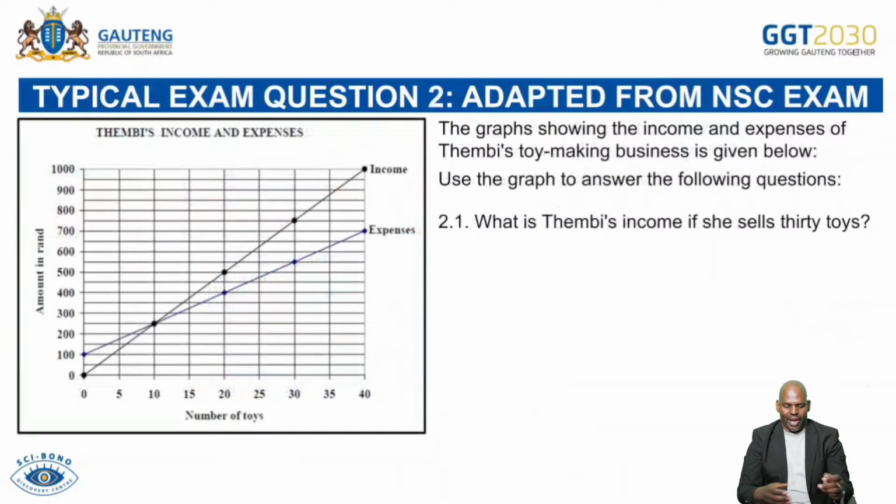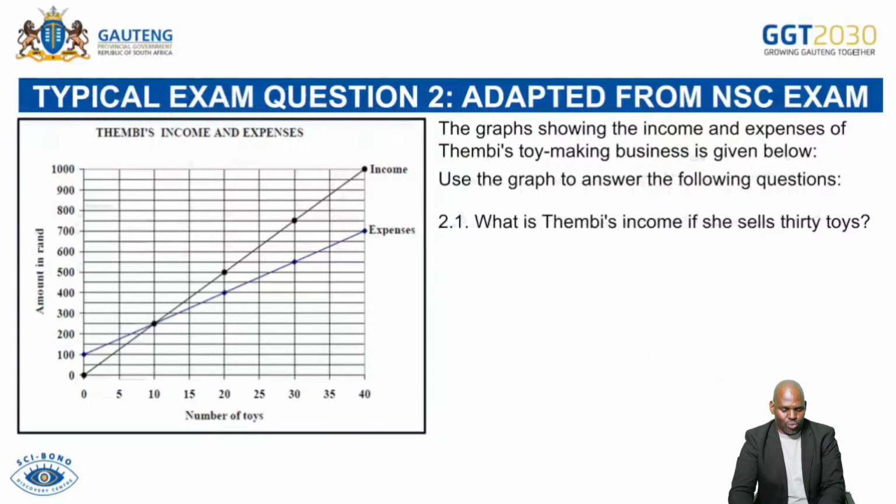Okay, then the next question with regard to income and expenses. The graph showing the income and expenses of Tembi's toy making business is given below. Use the graph to answer the following questions. 2.1. So we have to use this graph to answer the question. What is Tembi's income if she sells 30 toys?